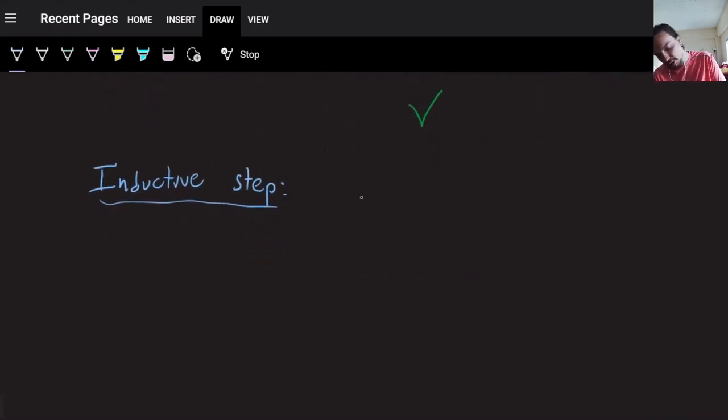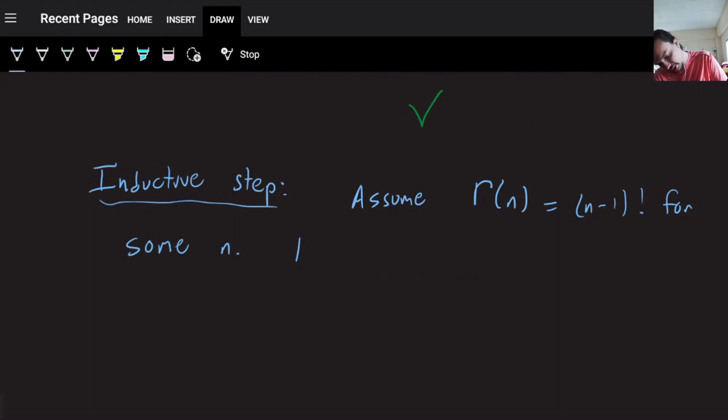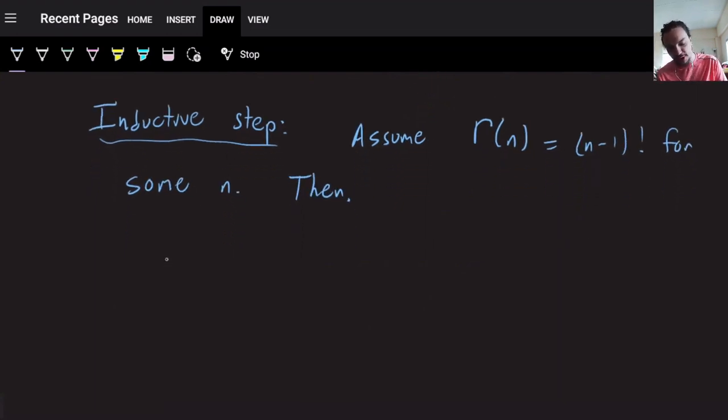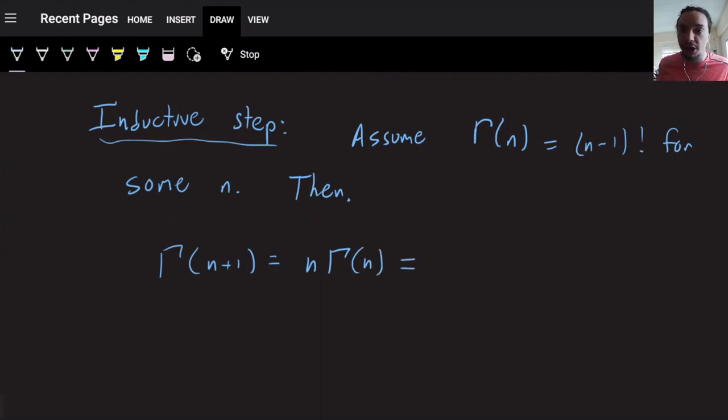The inductive step here is assume gamma of n equals n minus 1 factorial for some n. Then we need to show it for n plus 1. Okay. So then the only thing that we can do is we can look at gamma at n plus 1. But we know from our formula that this is just equal to n gamma n, because we proved that gamma s plus 1 is equal to s gamma s for any real number s greater than 0.